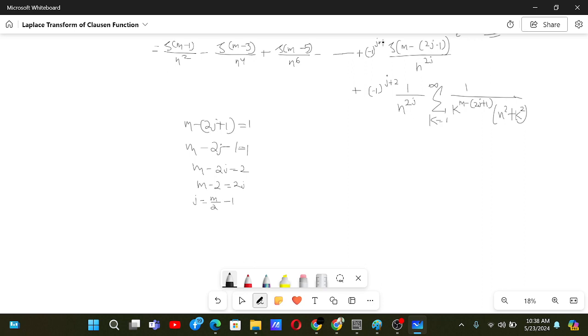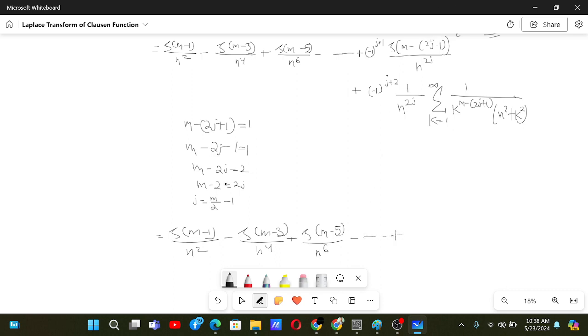So we have got the value of j, we can substitute over here, and this will be zeta of m minus 1 by n square minus zeta of m minus 3 by n to the power 4 plus zeta of m minus 5 by n to the power 6, and it goes on plus.